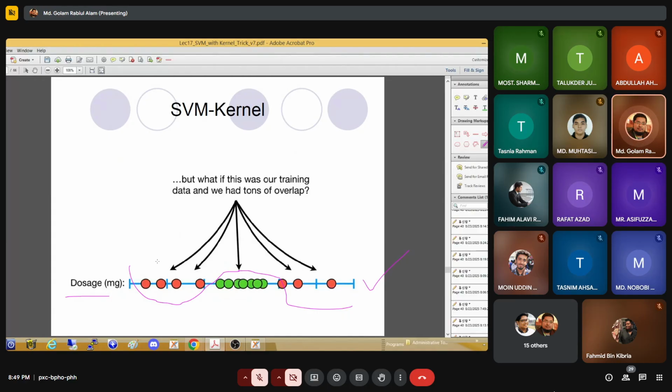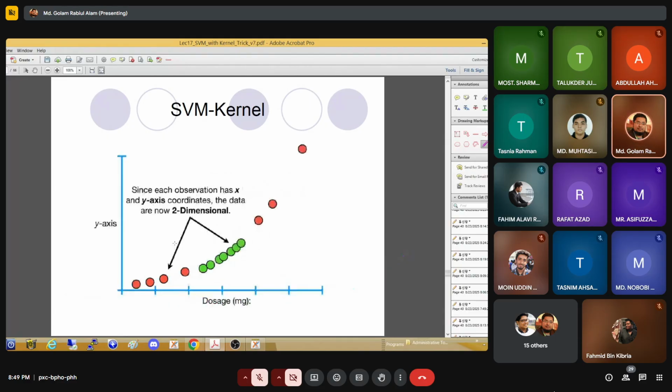So if we apply the polynomial kernel, then we will get the data points this way.